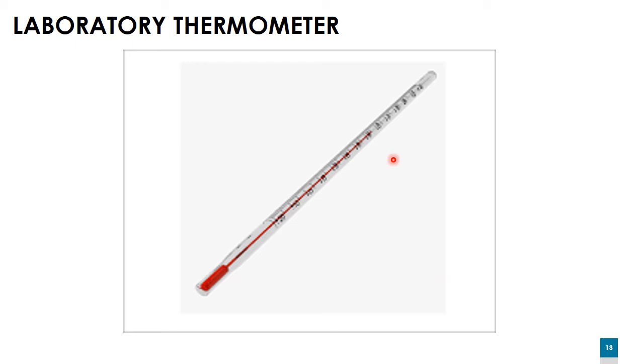Now, reading a laboratory thermometer. A laboratory thermometer does not have a constriction kink, as I told you, for the clinical thermometer. It has to be read while it is in contact with the material whose temperature is being measured. So when the thermometer is in contact, at the same time we can just note the reading.